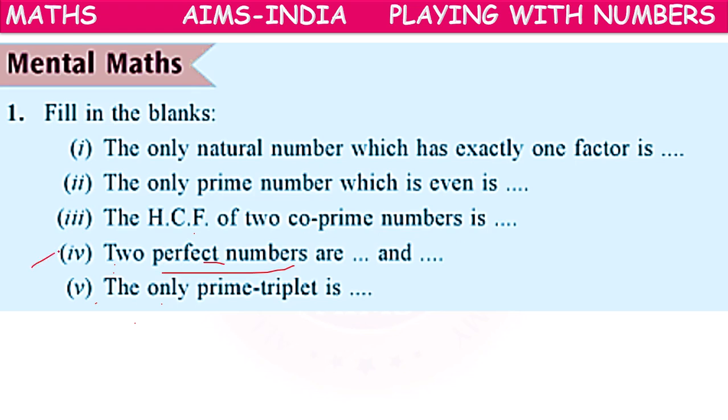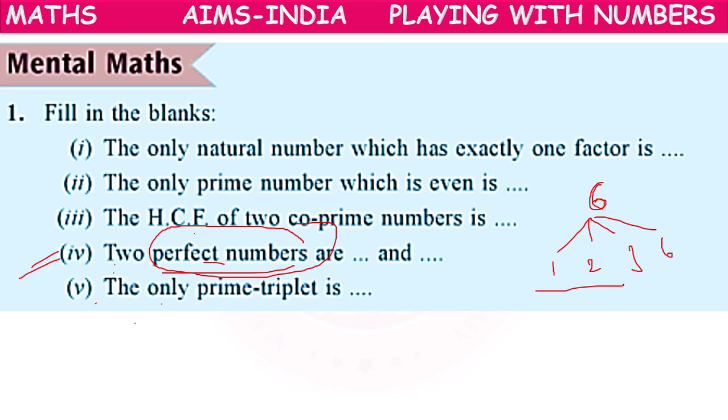Okay, children. Next, fourth question. Two perfect numbers are... Suppose we take the number 6. What are the factors of 6? 1 is a factor, 2 is a factor, 3 is a factor, 6 is a factor.